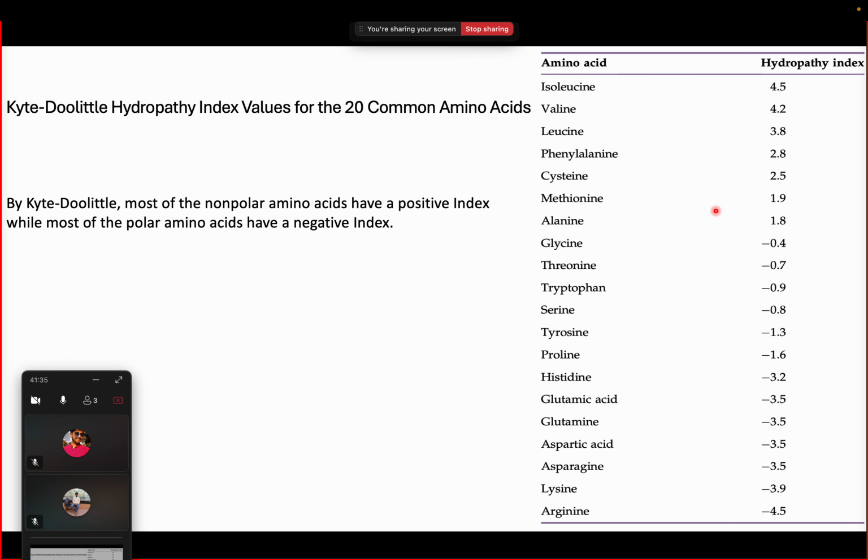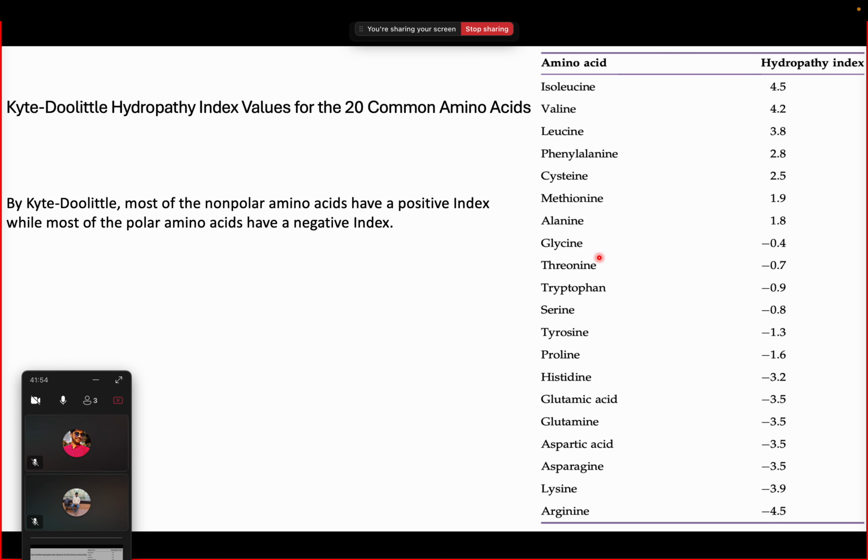Look here: isoleucine, valine, leucine, phenylalanine, cysteine, methionine and alanine. Till alanine, all the values are positive, indicating that they are hydrophobic in nature.